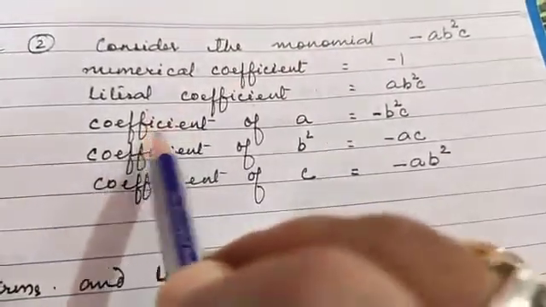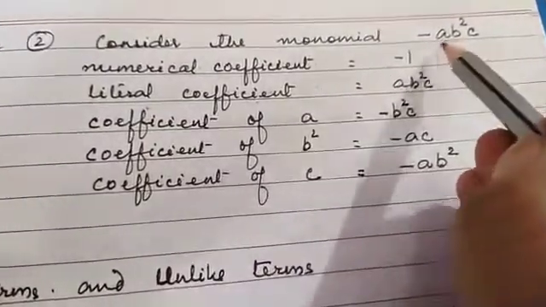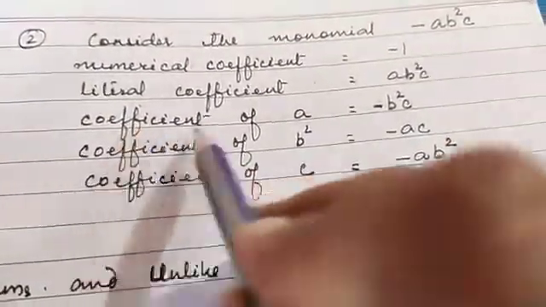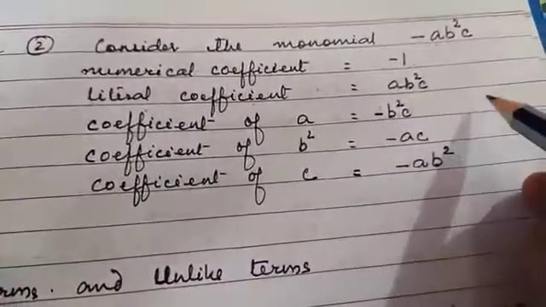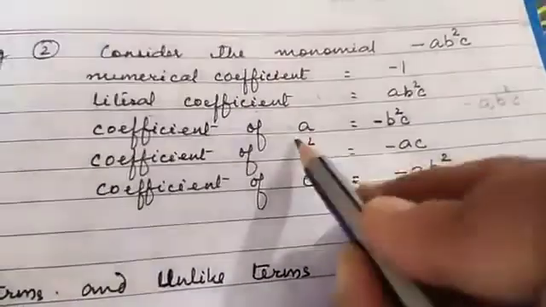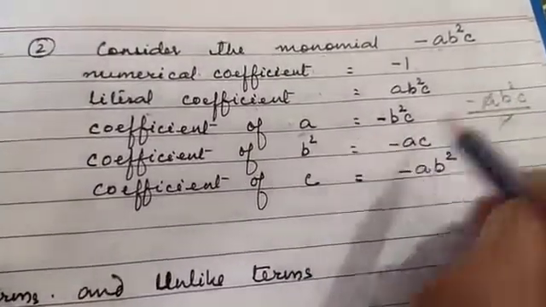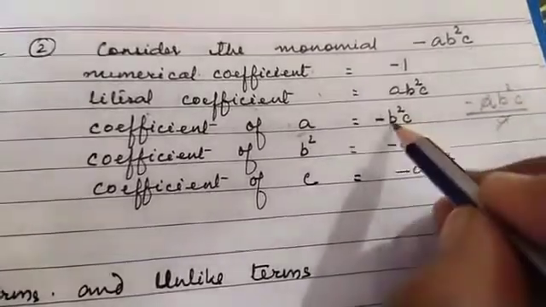Now we will write the coefficient of each literal. Coefficient of a. I have minus ab square c. We are finding out the coefficient of a, so divided by a, cancel. So what remains? Minus b square c.